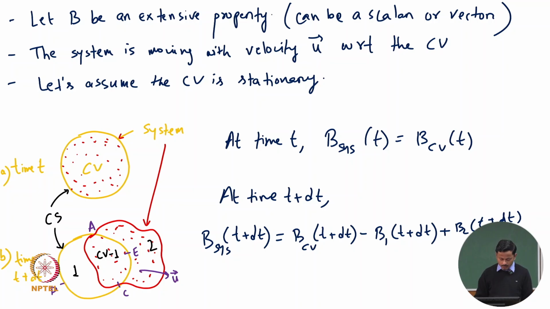So of course, this has to happen. The system has moved out from position 1, hence there is a negative sign here. It has filled position 2, hence there is a positive sign here.